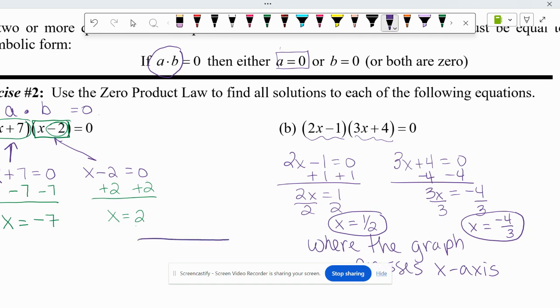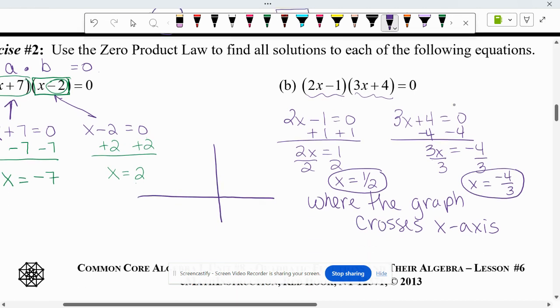So I'm just going to sketch a really quick graph of this one, just so you guys get an idea of what this helps you do. I'm going to say that this is the positive number 1. This is negative 1. And I'm going to say that my first root is positive 1/2 right here. And my second root is negative 4/3. Where does my graph cross the y-axis?